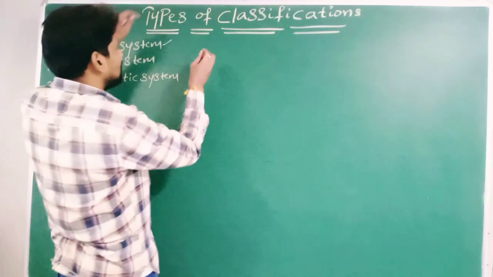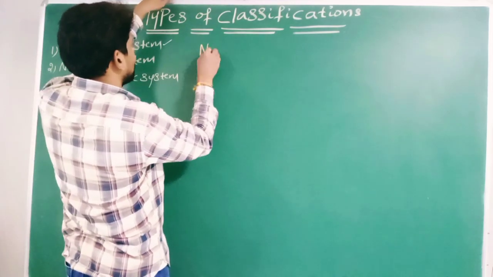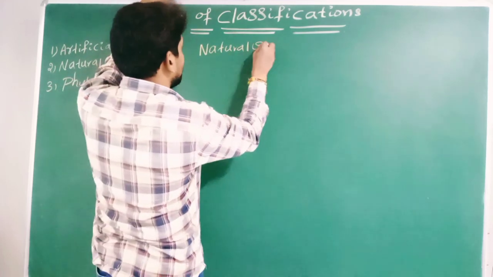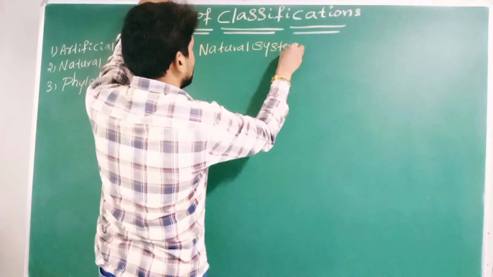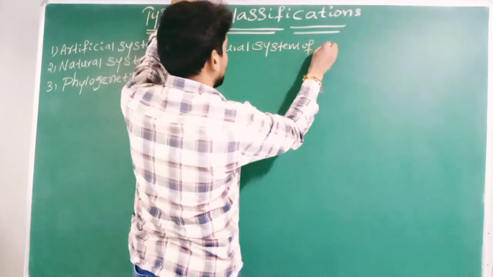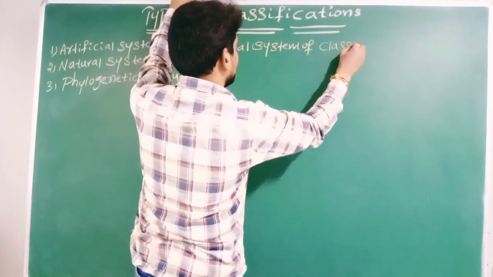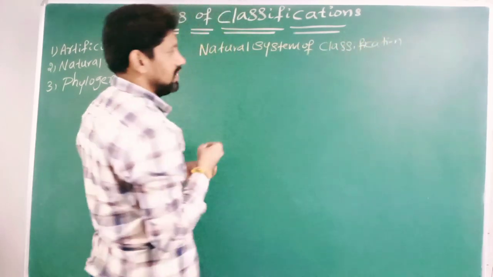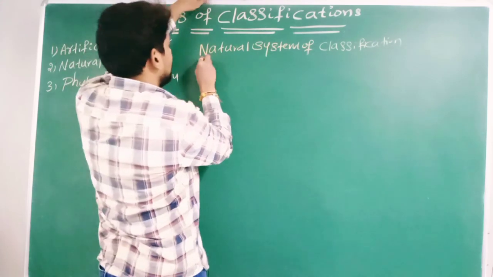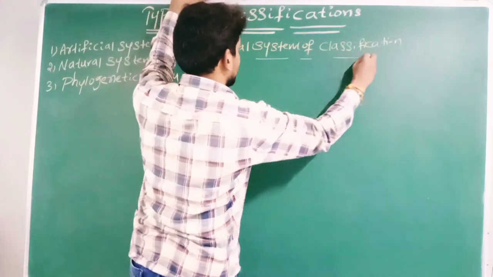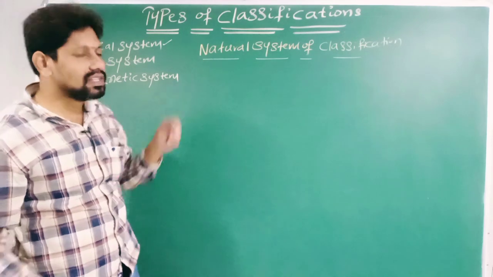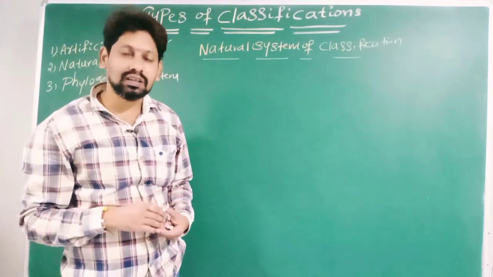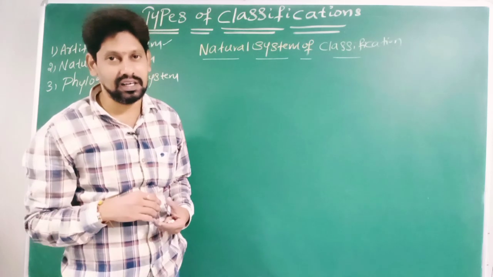What is the natural system of classification? Listen here. In this classification, all possible important characters are considered.